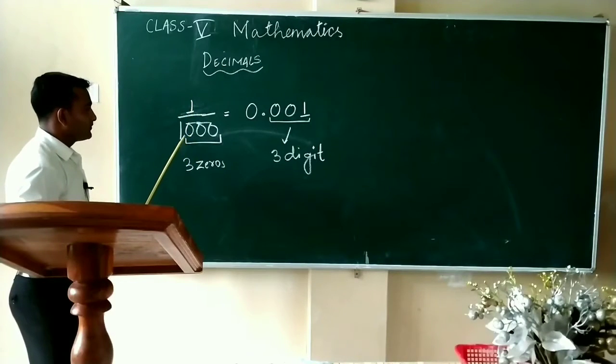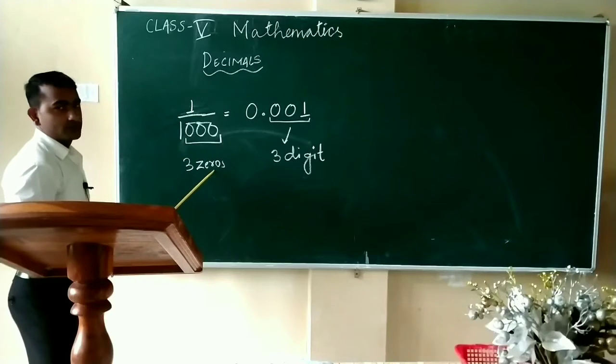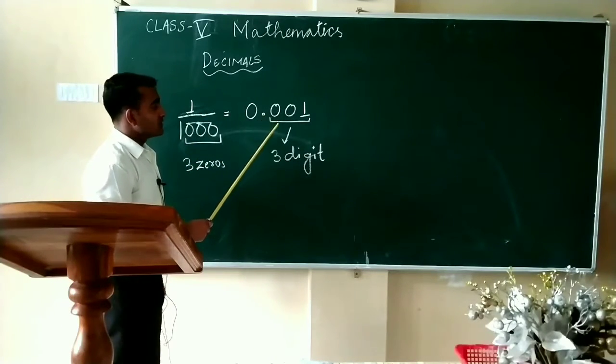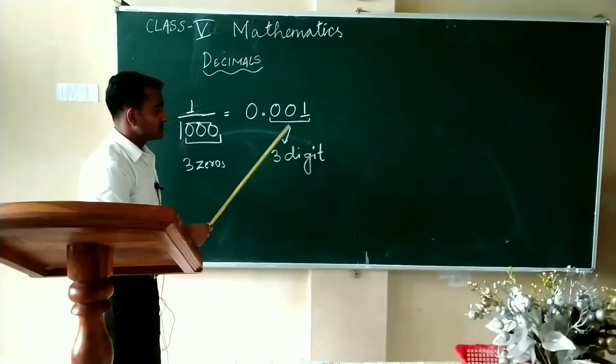As you can see here, after 1, how many zeros are there? 3 zeros. Yes or no? So in decimal, after the decimal point, there should be 3 digits.